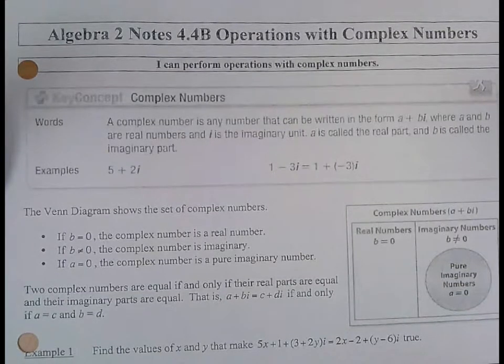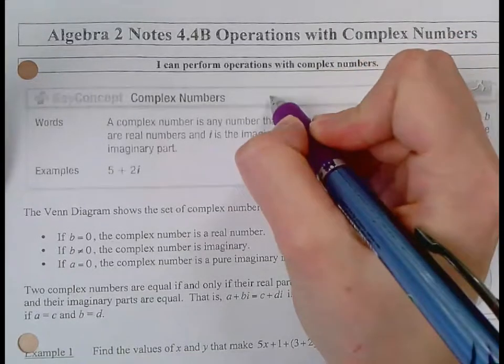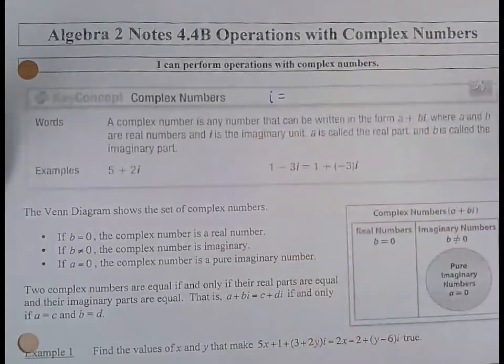Today, we are building off of what we did yesterday. Yesterday, we looked specifically at operations with pure imaginary numbers, so those were just terms that had i. Just as a review, what does i represent?